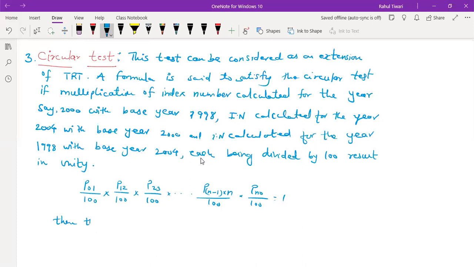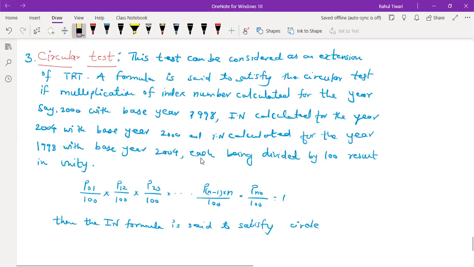Then the index number formula is said to satisfy the circular test, but n should be greater than 1.